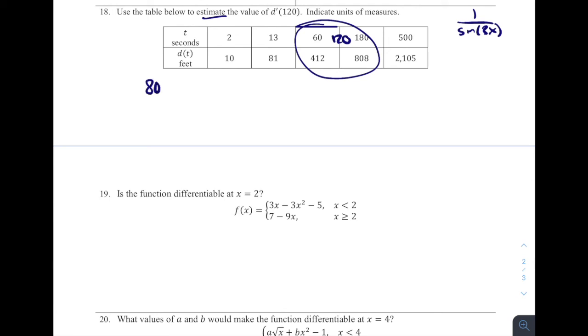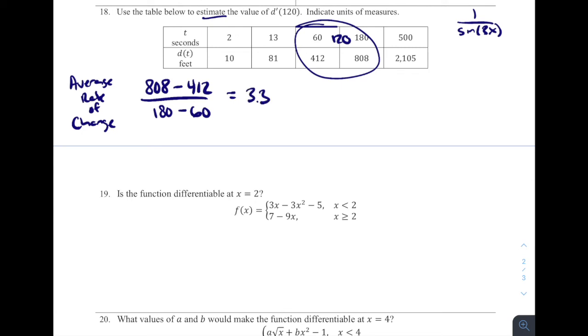Well, that's going to be 808 minus 412 divided by 180 minus 60. So we found the average rate of change. And that is an estimate of d prime of 120. And if we do that, 808 minus 412 divided by 180 minus 60, that's going to give us about 3.3.